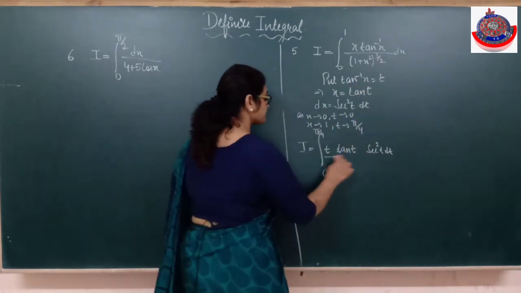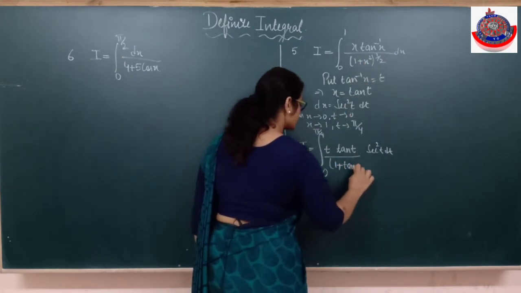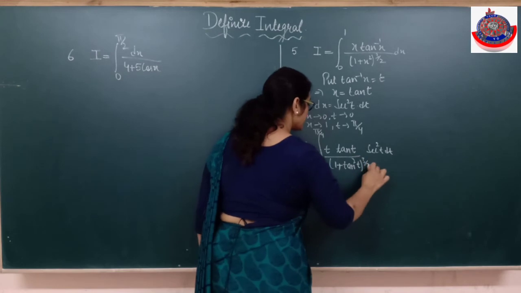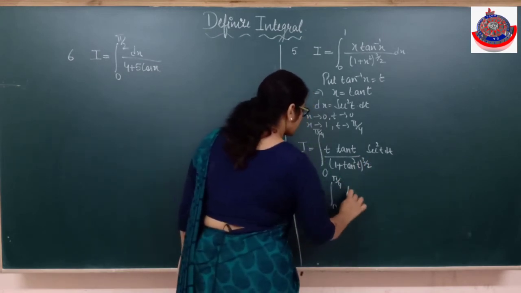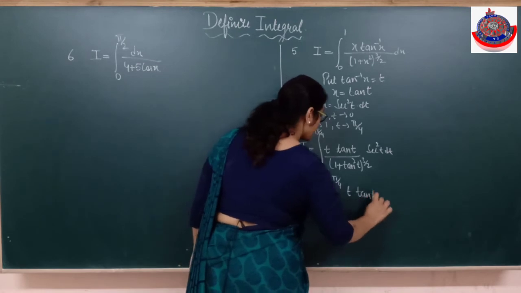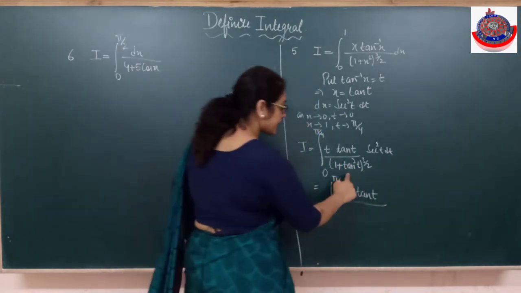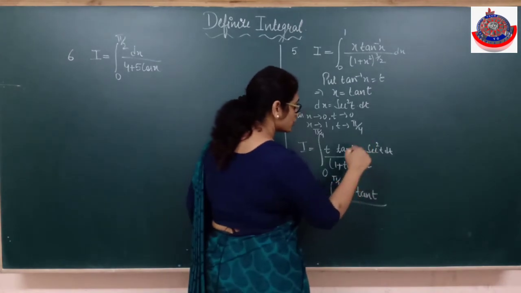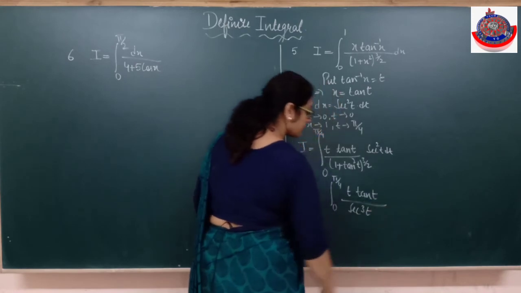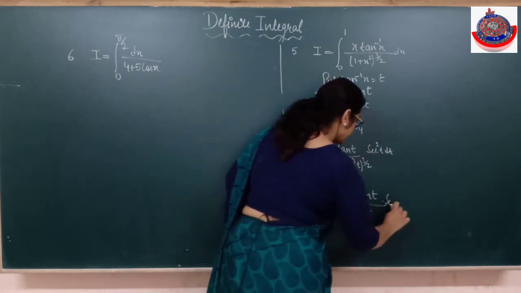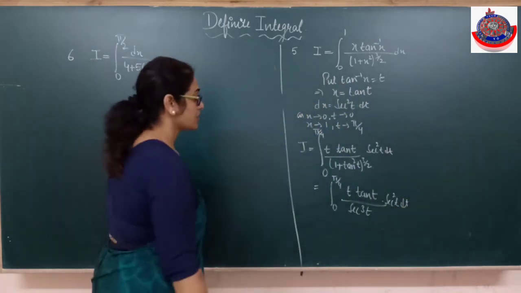Now below, the value of x is tan t. So tan square t raised to power 3 by 2. What is 1 plus tan square t? It is secant square t. So this is secant square raised to power 3 by 2. 2 and 2 cancel, so secant cube t. This is secant square. Clear?